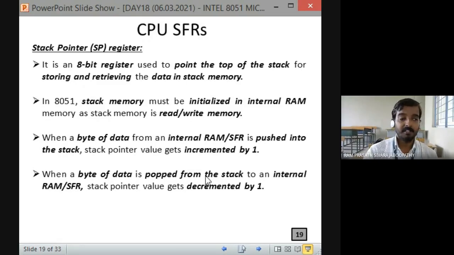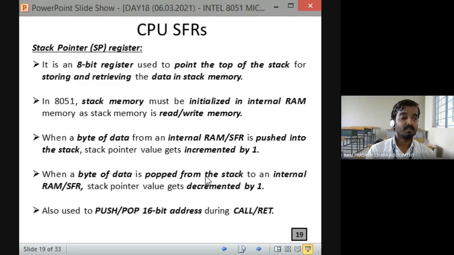When a byte of data is popped from the stack to an internal RAM or SFR, the stack pointer value gets decremented by 1. Fine. So that's what we are saying, ascending stack. If the stack pointer increments when data is inserted, it is called an ascending stack. If it decrements, it is called a descending stack. That's all. So that's all about the stack pointer.